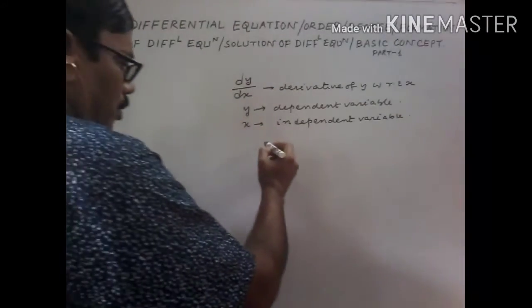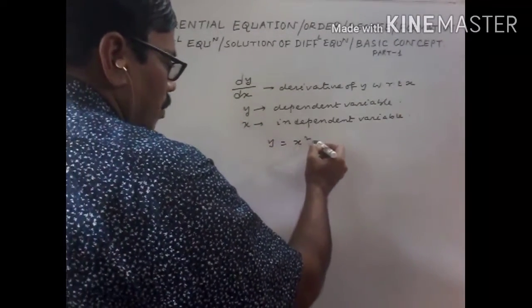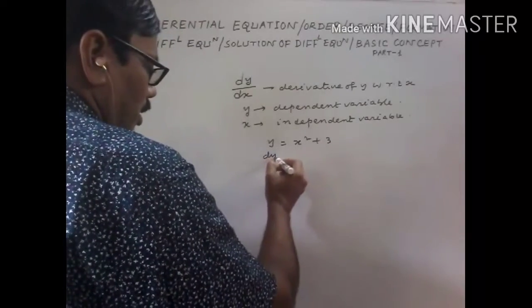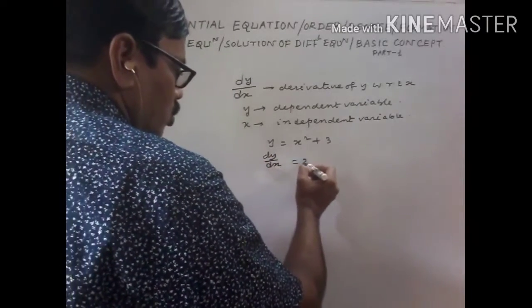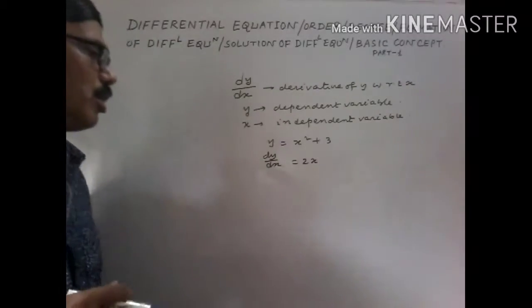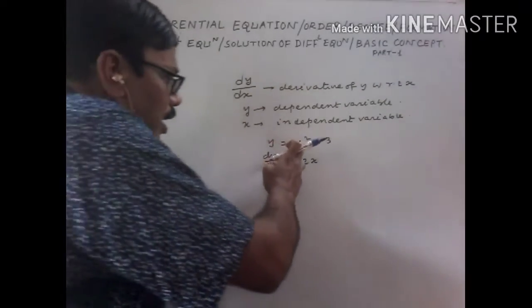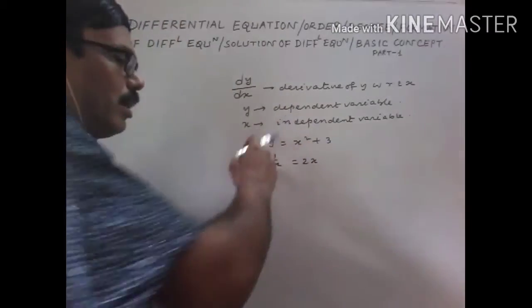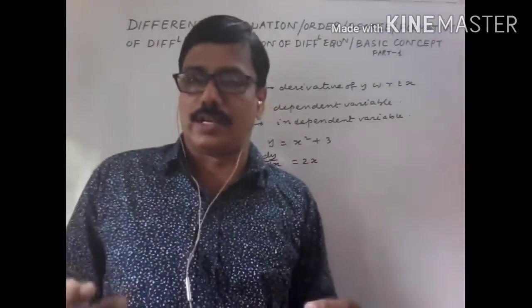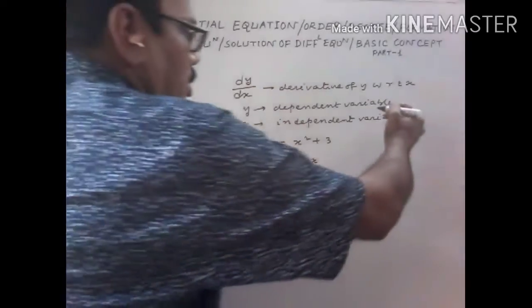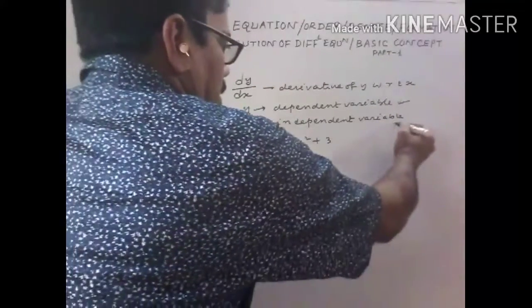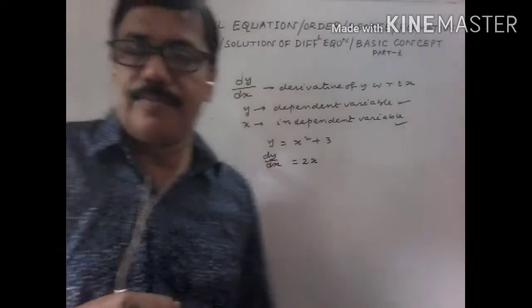For example, if y equals x square plus 3, what is dy dx? dy dx is 2x. So if we put x equals 1, we get y. That is, y depends on x. That is why y is the dependent variable and x is the independent variable.